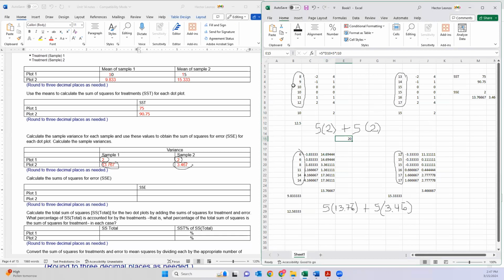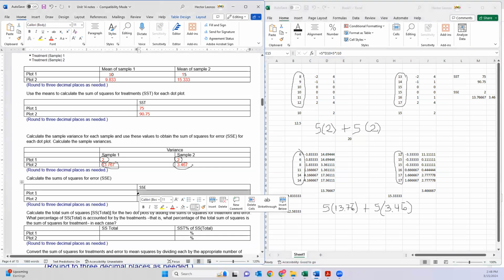Okay. Remember, there were 6 numbers, so 6 minus 1 is 5. My variance was 2. So 5 times the variance plus my older list, there were 6 numbers, so 1 less. That's where I get the 5. The variance is 2. So I have to go 5 times 2 plus 5 times 2. So it's going to give me 20.